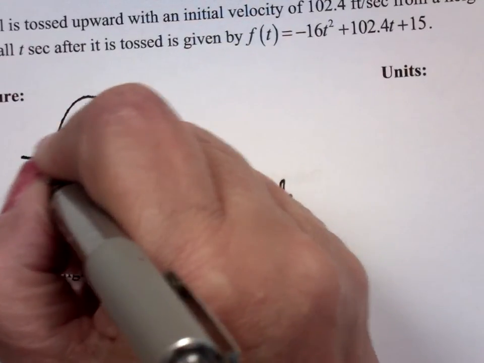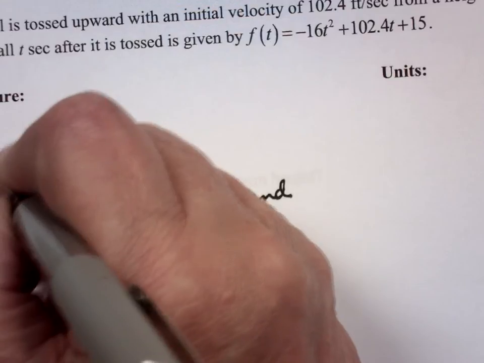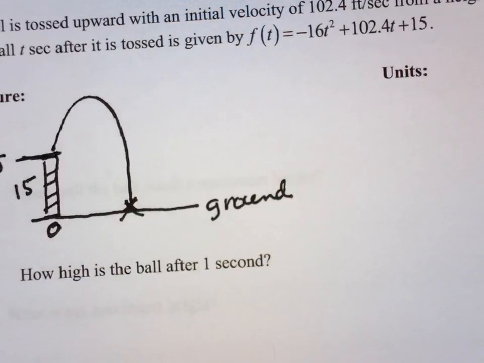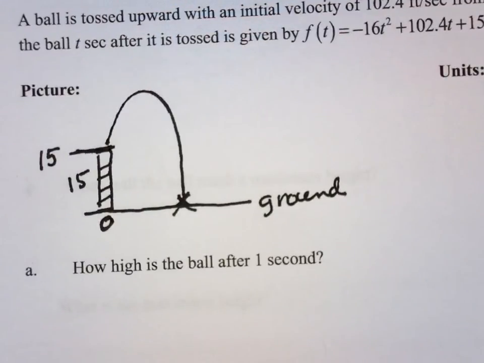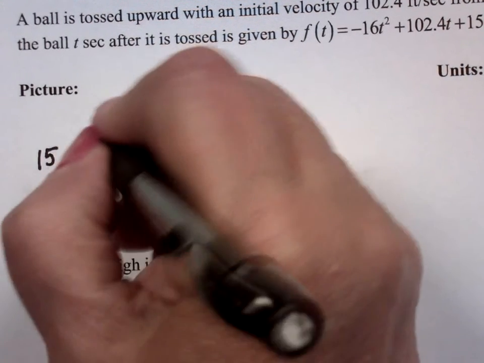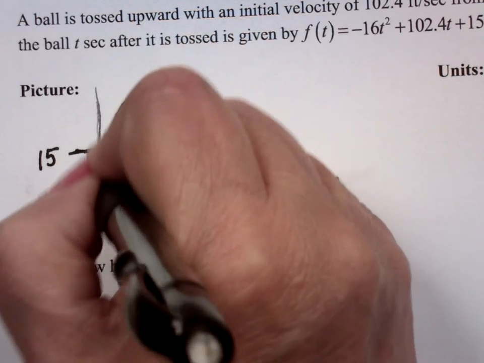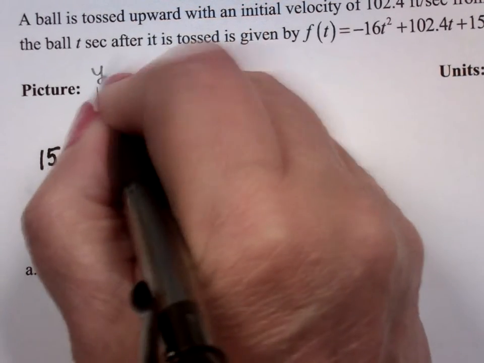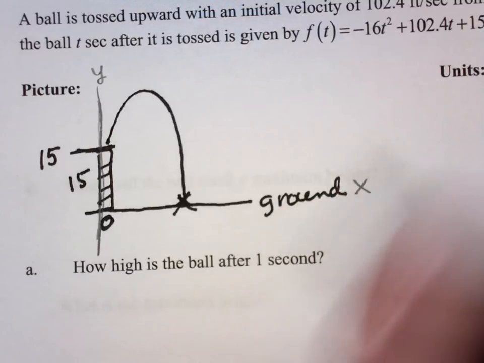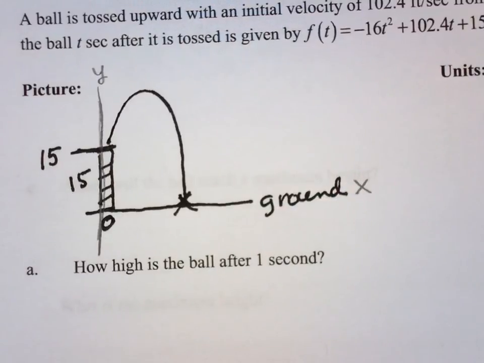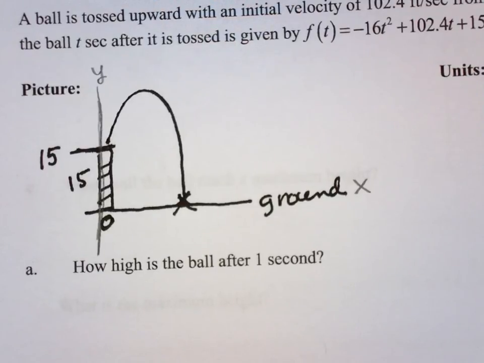And this right here is 15. So that's how high off the ground it starts. So if I were to put an x and y axis, kind of overlay that, that's what this would be. There's your y-axis right there. And then ground, that's your x-axis. So everything is happening in the first quadrant. Well, that should, because x and y is going to have to be positive.